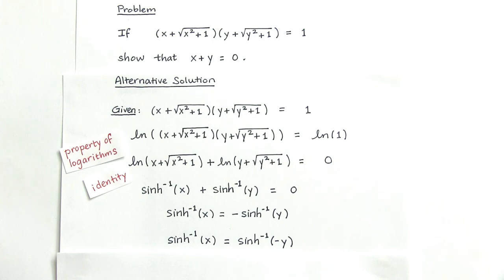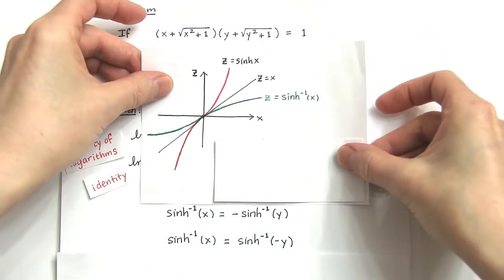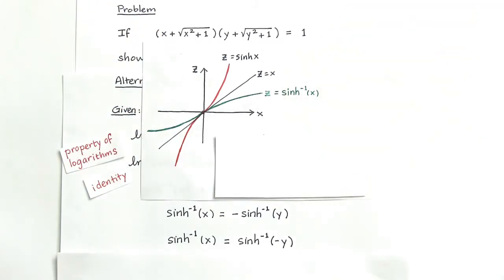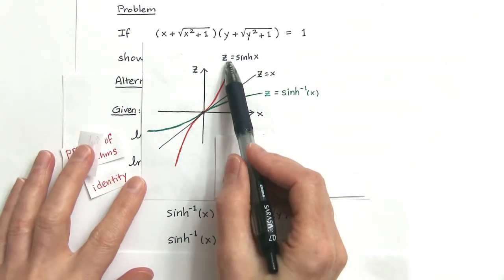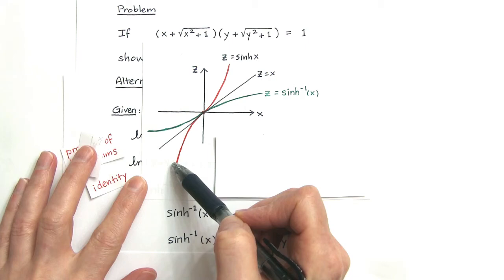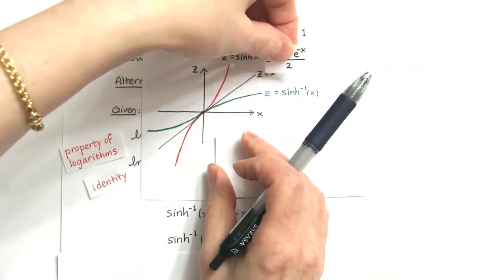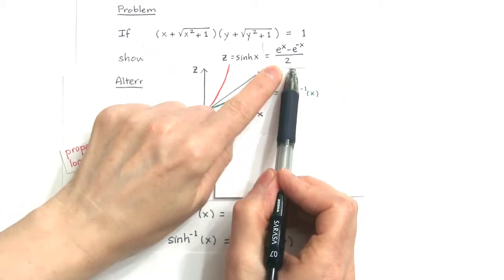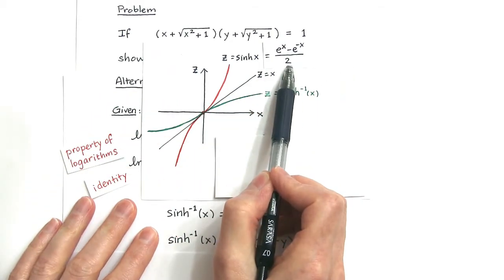I can show you a picture of what I mean. So this graph gives a picture of the hyperbolic sine of x, which you can recall is defined by this ratio involving the exponential function.